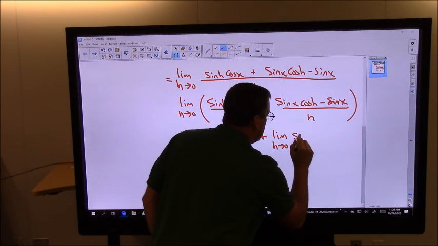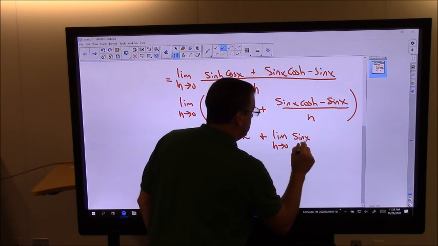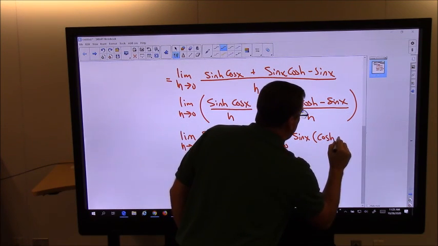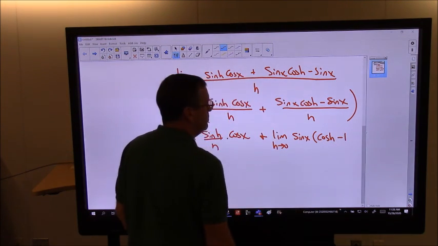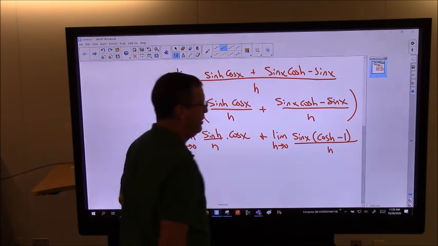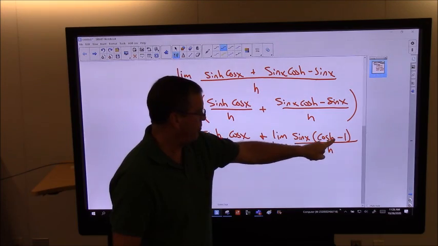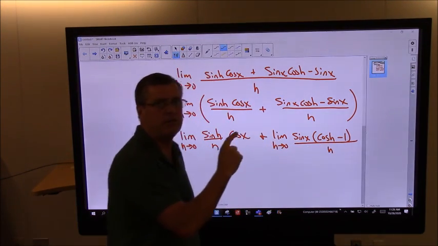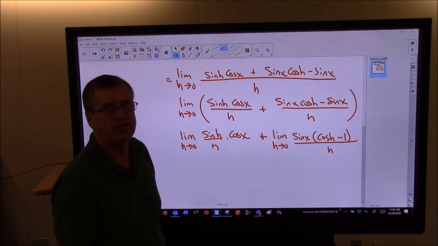So sine of x times cosine h minus 1 all over h. And I'm purposely writing that h over here because, again, this is really close to one of our special limits, right?